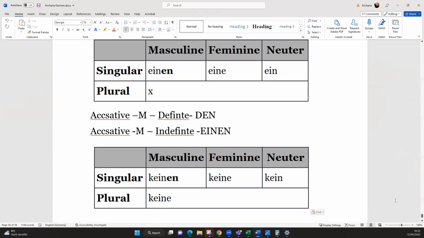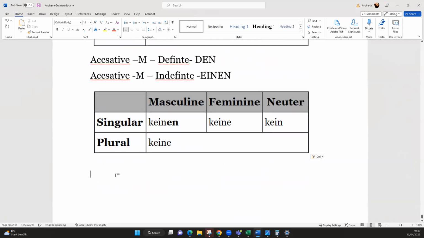Before we end this session, I will also give you some examples. Okay, do you like drinking beer? Trinkst du gern Bier? Now, what is the accusative case in this?